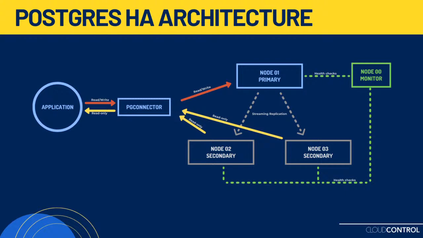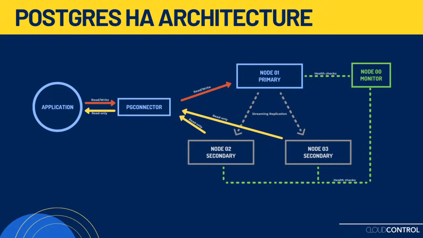Now, as we move to the left side, you can see the PG connector. This is the image based on the HA proxy, which looks into the entire cluster, runs the right queries against the cluster to see where the primary read-write database is and where the secondary databases are, and exposes those endpoints so that applications can simply consume them without knowing the location of the database.